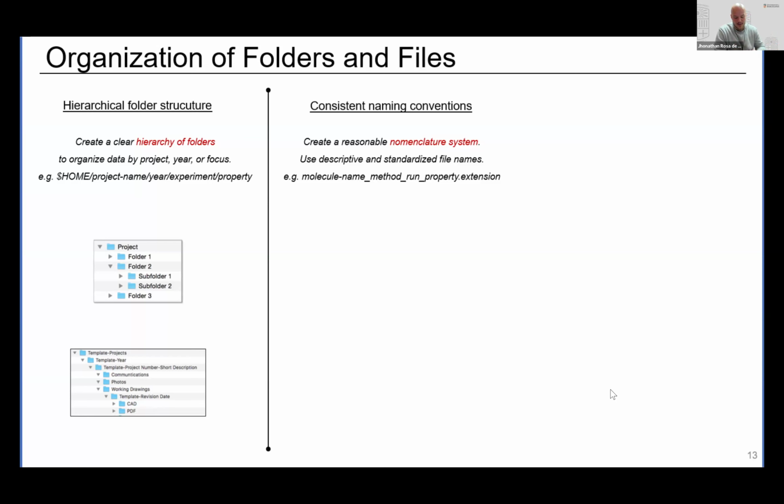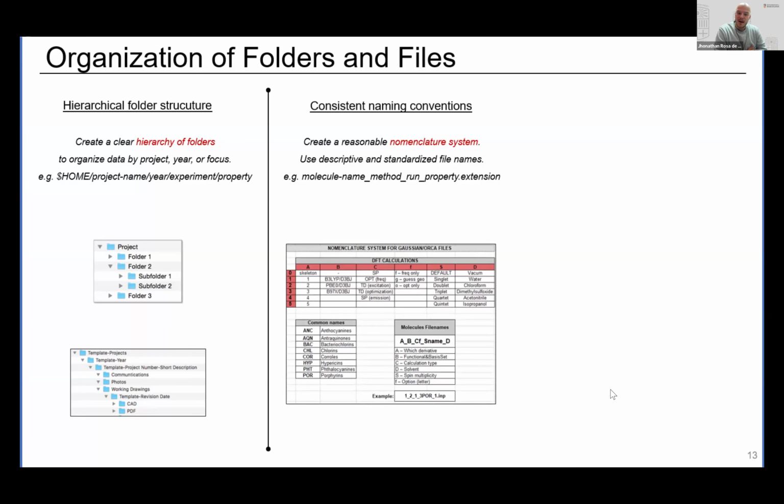This helps a lot. For example, here we have a nomenclature system for different kinds of files related with DFT calculations. As you can see here, we have a name that is the molecular file name, and each one of these letters means something. For example, if in position A I put the number 1, it's going to mean something.